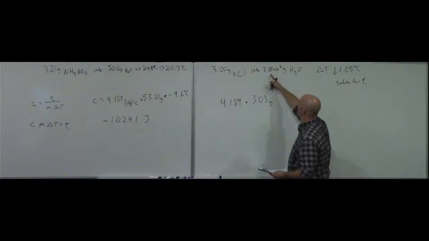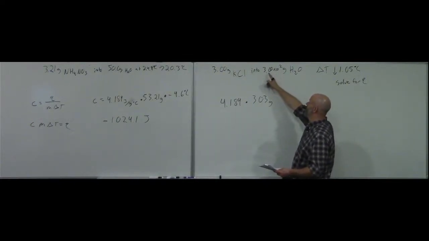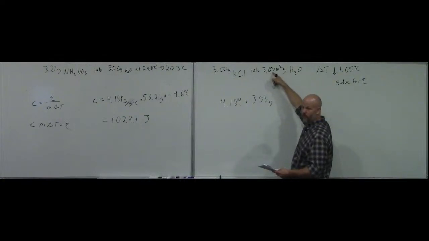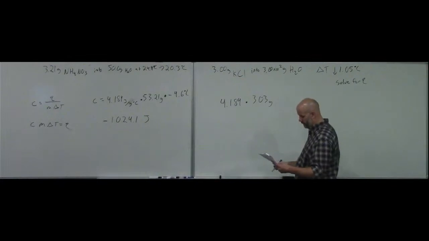So 3.00 times 10 to the second. So I move this over, so that puts me at 300, just in case we weren't catching that right away. And I add that, so 303 grams.